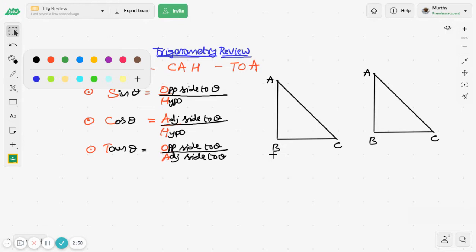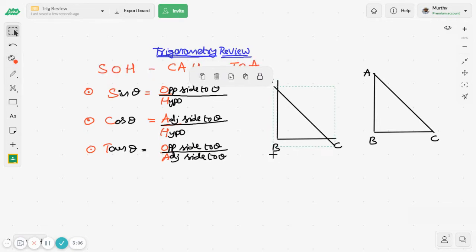Angle plays a vital role. Suppose the angle is given, let's say the angle C is marked as theta or some x. Let me take this as theta.